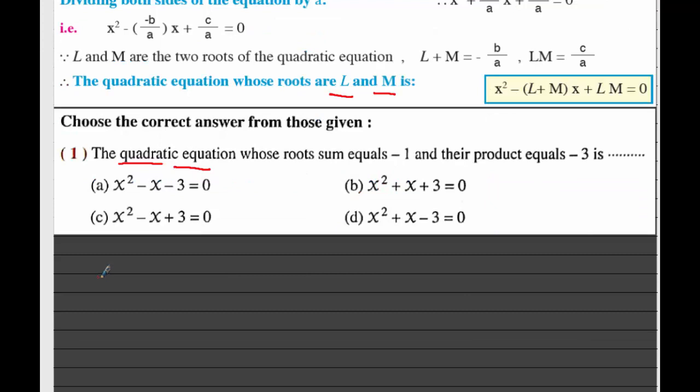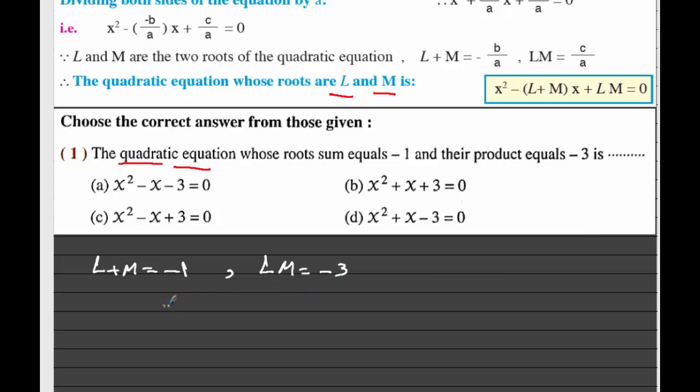Okay, first we must know the sum of the two roots, L plus M, equals negative 1, it's from the given, and the product LM equals negative 3.